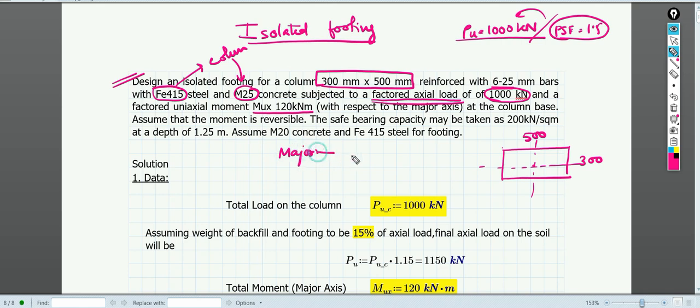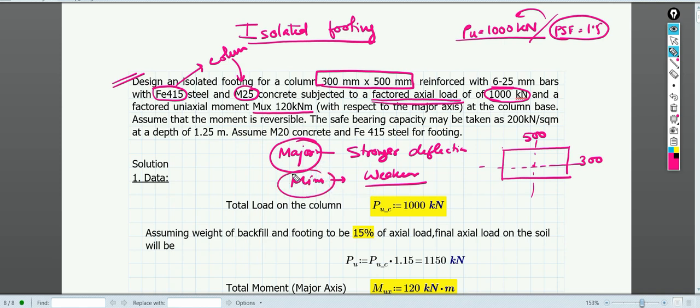Major axis will be the axis which is stronger against deflection. And the minor axis will be the one about which it is weaker. Okay, that will be called the minor axis.